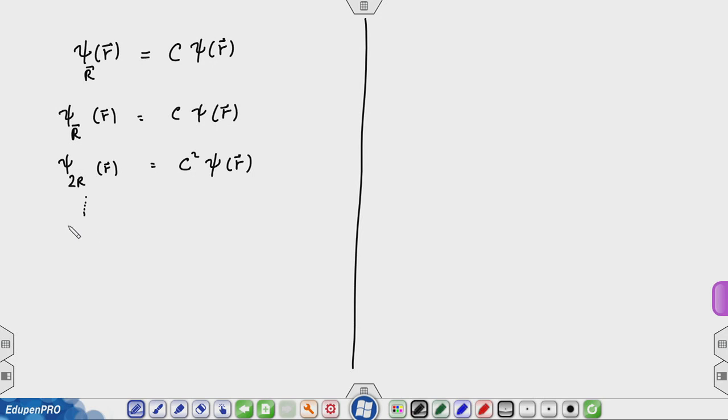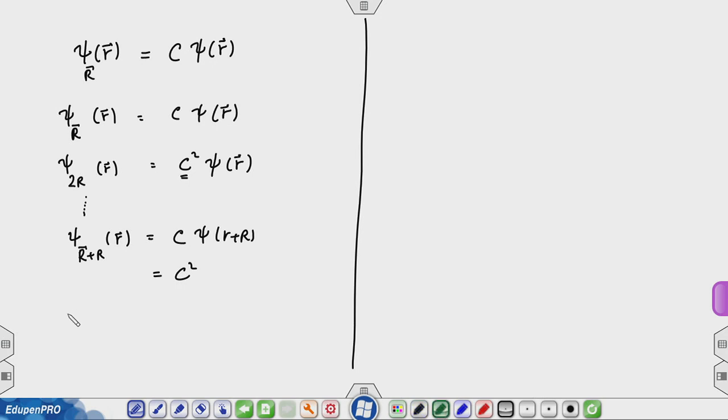So, let us see now if this keeps on happening. Let us write psi of r plus r becomes psi of r times c, and this is c square. Now, as you shift the lattice, the wave function cannot grow or come down.